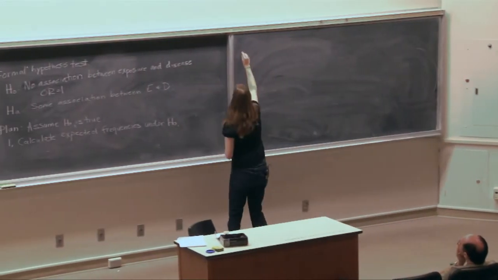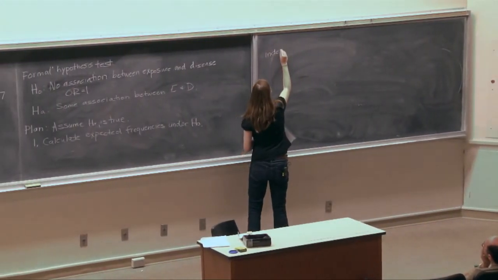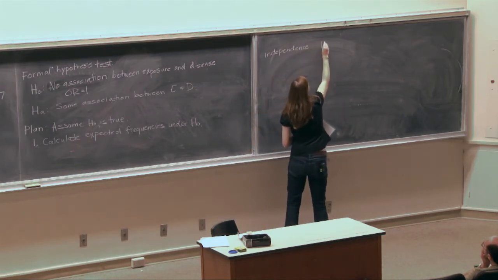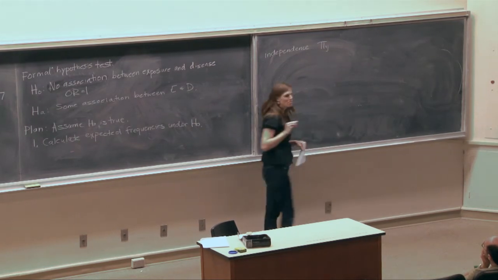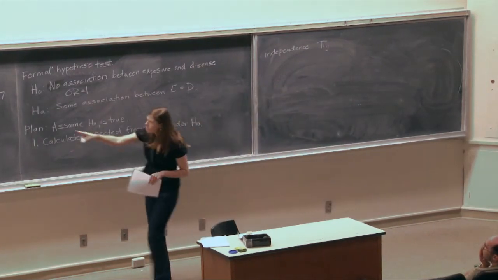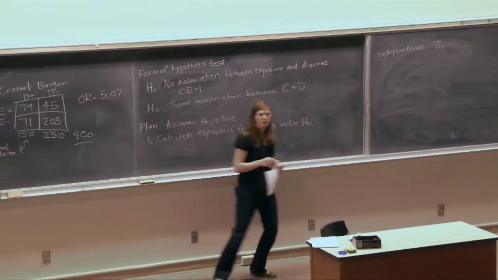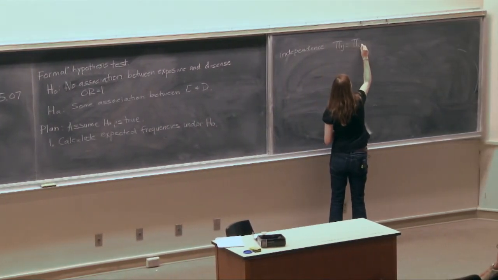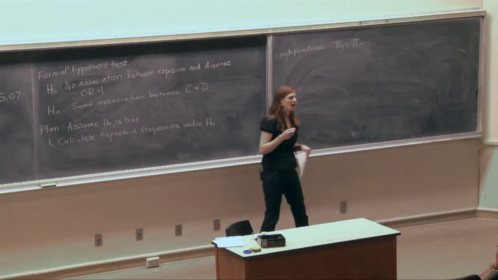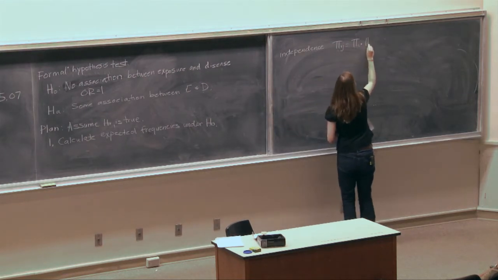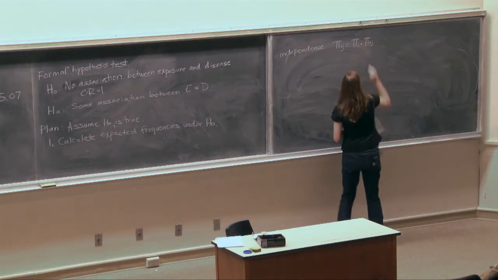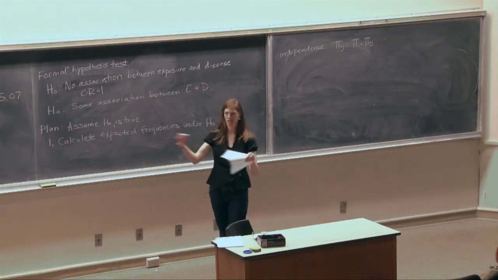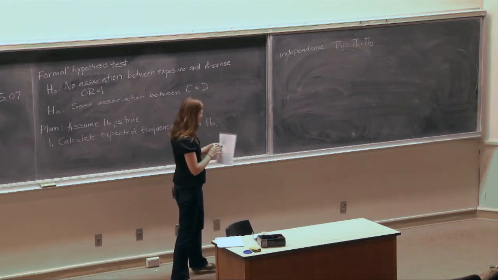So if that's the case, the probability ij, so the probability you're in one of these particular cells in the table, is just going to be equal to the probability that you're row type i times the probability that you're column type j. So just the probability of exposure versus the particular disease probability.